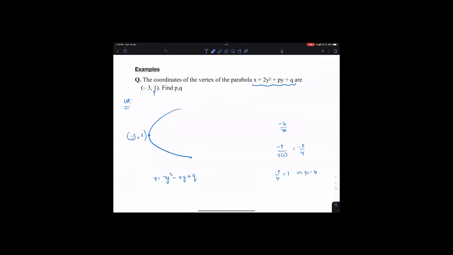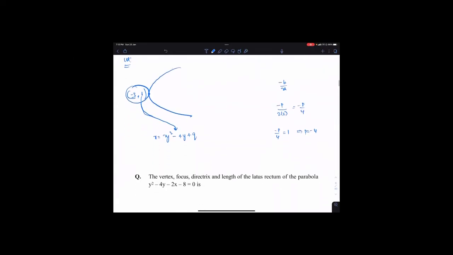Since every vertex is a point on the parabola, minus 3 comma 1 should satisfy this equation. So x is minus 3 when y is 1: 2 minus 4 plus q, you will get the value of q. You will get it as minus 1. p is minus 4.